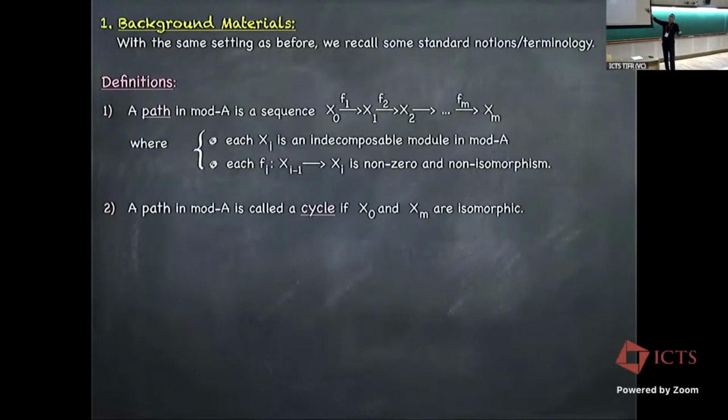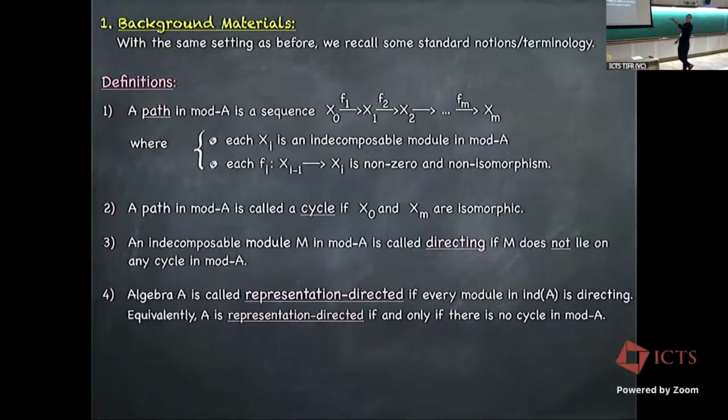And then you call a path naturally a cycle if it begins and ends at the same isoclass of indecomposables, meaning that x0 and xm are isomorphic. This is called a cycle. An indecomposable module is called a directing module if it doesn't lie on any cycle in your module category.